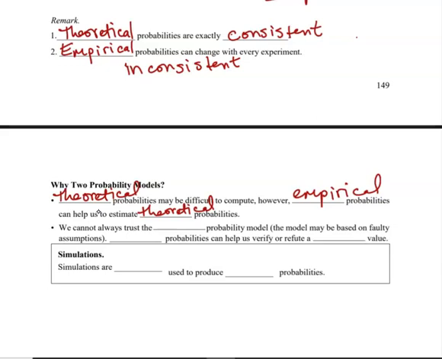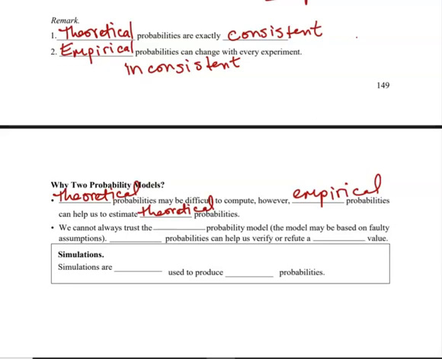So researchers would collect lots and lots of data on people with colon cancer, and based on that they would say the likelihood of somebody over the age of 50, for example, getting colon cancer is 5% or whatever that ends up being. That's the empirical probability, but they would use it to estimate the theoretical probability.